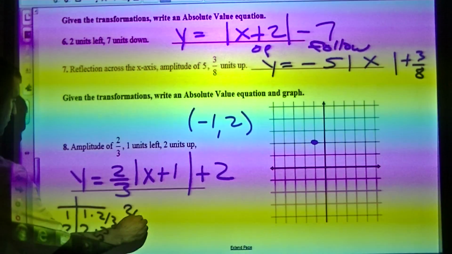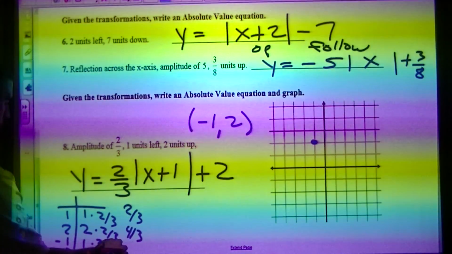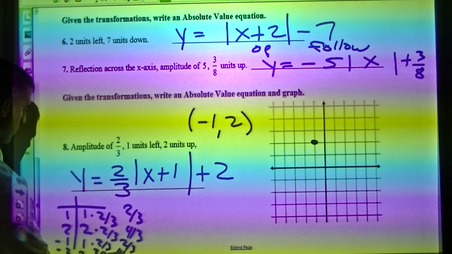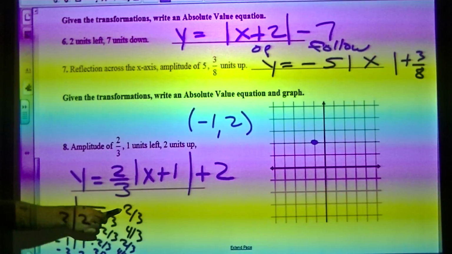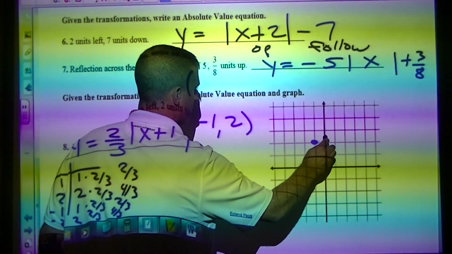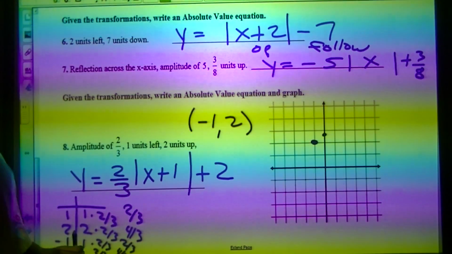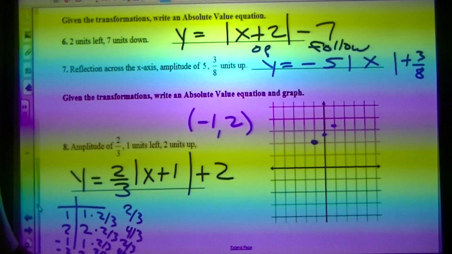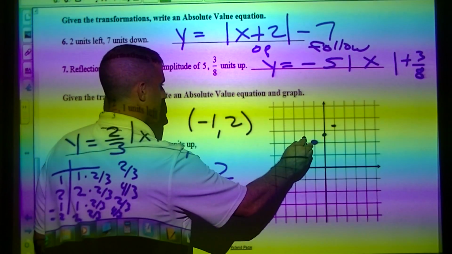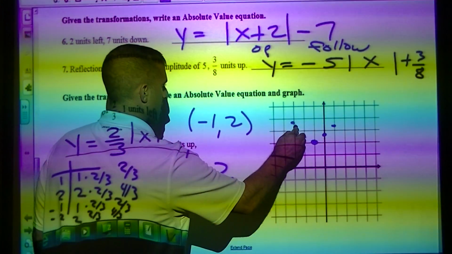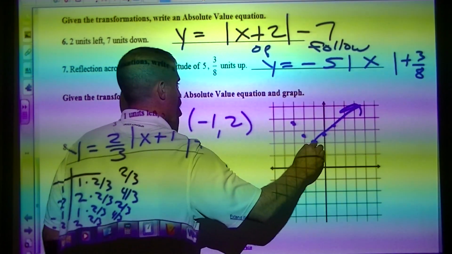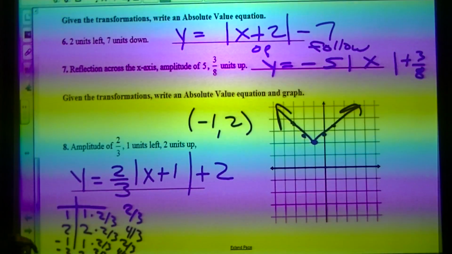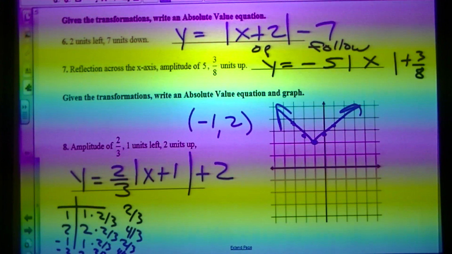So that's going to be 2/3, 4/3. Sorry about the squished. So that's 1 over to the right, 2/3 up. 2 right, 4/3 up. Then -1, 2/3 up, and -2, 4/3 up. I go ahead and connect those through my points. And that is my answer.